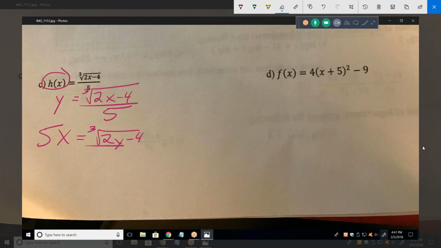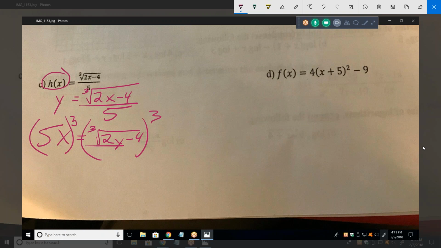Now what? Now you cube root it. Not cube rooted. It's already being cube rooted. Oh, cube it. So we're going to take that to the 3rd power.